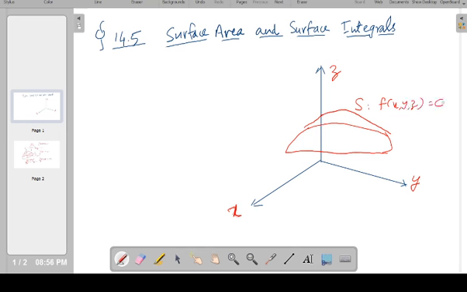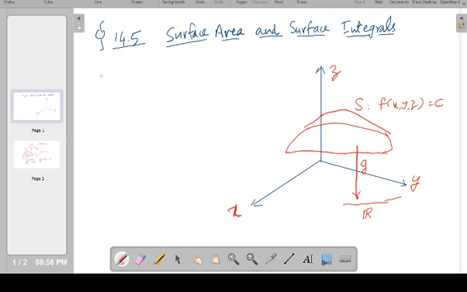That means this is a level surface. I hope you remember what is meant by a level surface. And I have a real valued function g defined over the surface. So this is the real line.